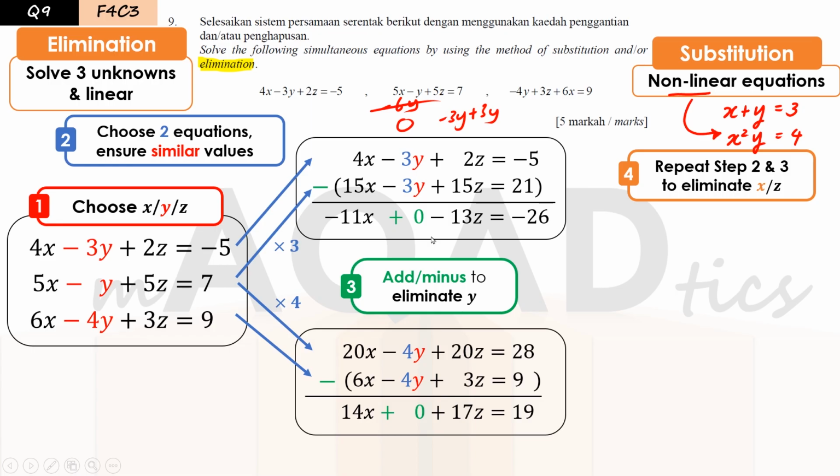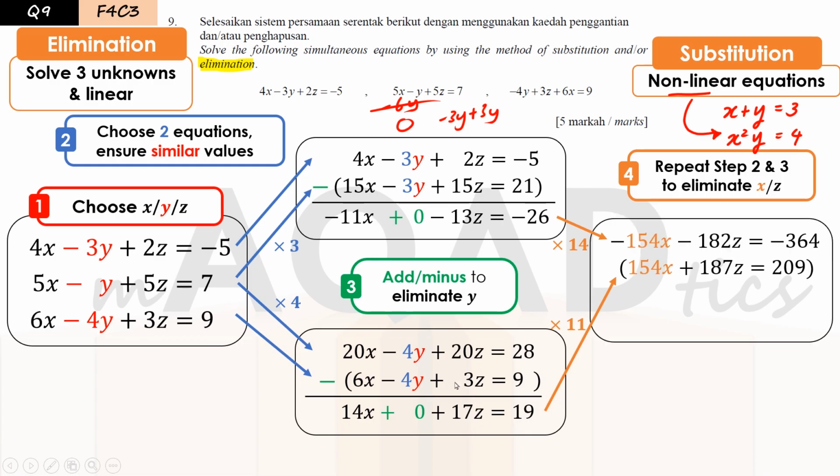So here we need to manipulate both, and the fastest way to do it is to cross multiply their values. Meaning, for the first equation, I'm going to multiply using the x value of the second equation, and for the second equation, I'm going to use the x value of the first equation to multiply. So the entire equation here will multiply 14, the entire equation here will multiply 11.